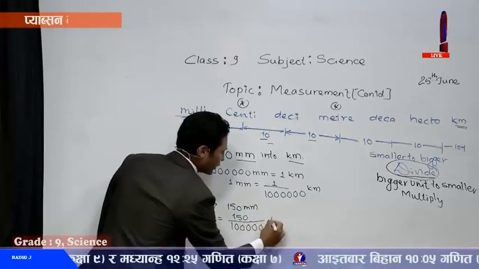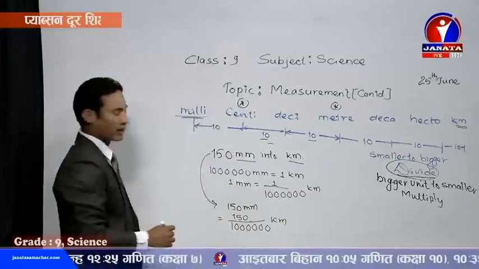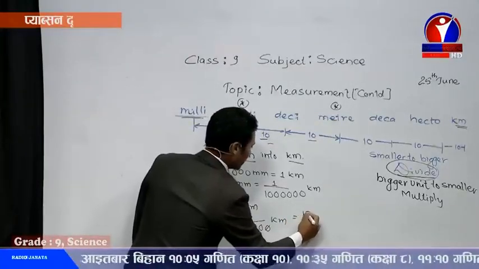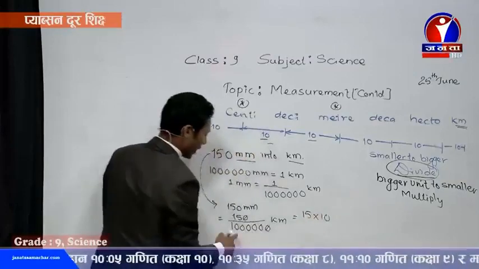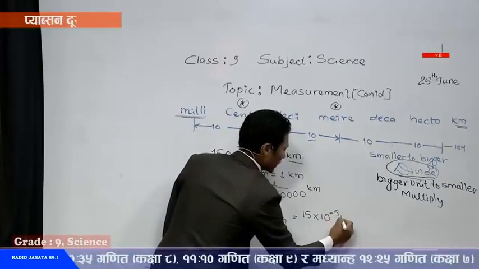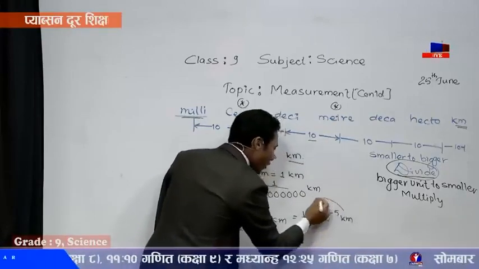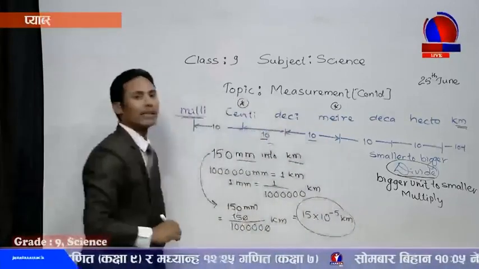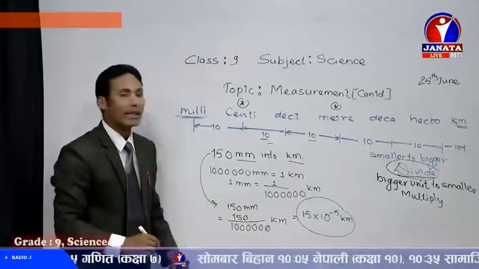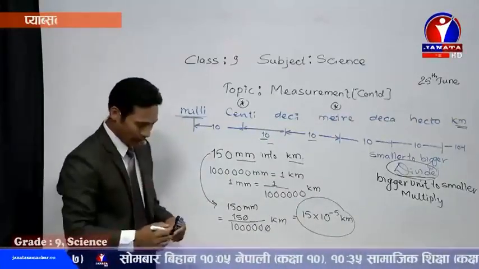Now this mm will change into the kilometer. So this and this cancel. So you can write this as 15 into 10 to the power minus 5 kilometer. Now how can we write this? This we will discuss later on. It is called the power notation, or 10 to the power. So that we will discuss later on, right?